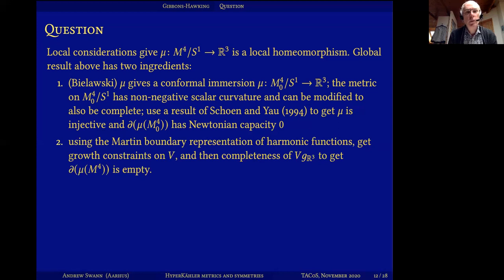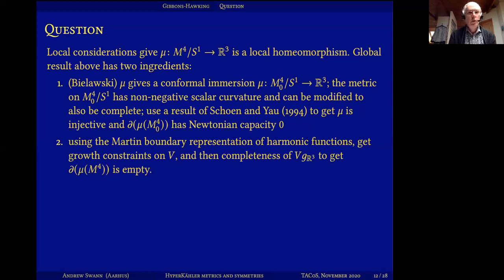In this set, I'm including the images of the fixed points, so those are allowed to be there. But the remaining part of the boundary is empty. So the boundary of this is empty, so the image has to be the whole of R3.